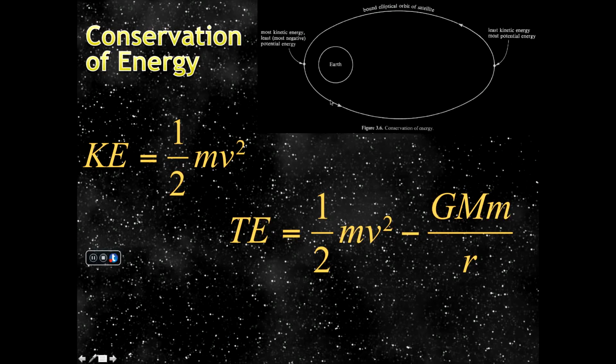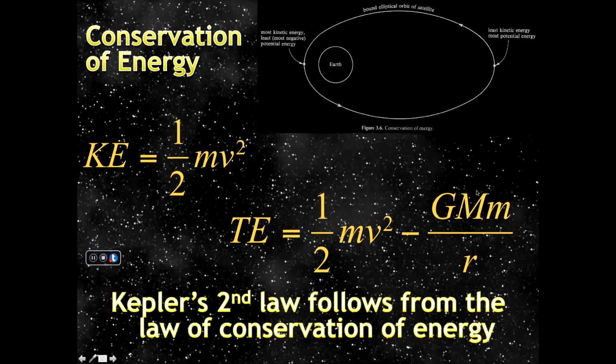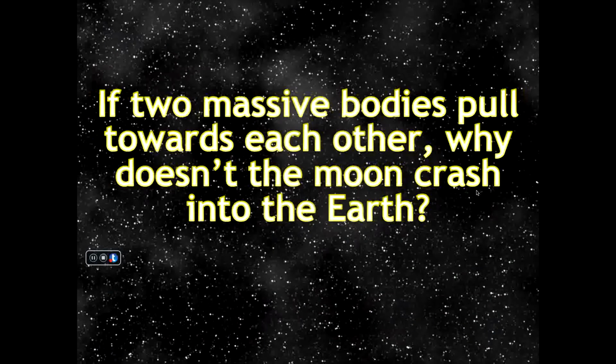But as it moves out, it's increasing its potential energy because its distance is getting larger and larger. This number gets smaller and smaller, or more negative, actually. And so this can explain to you how you can get Kepler's second law.